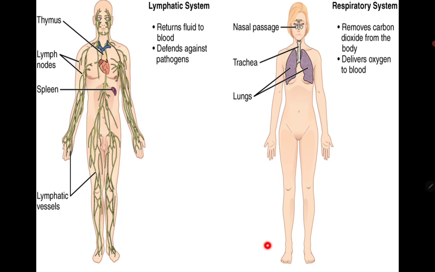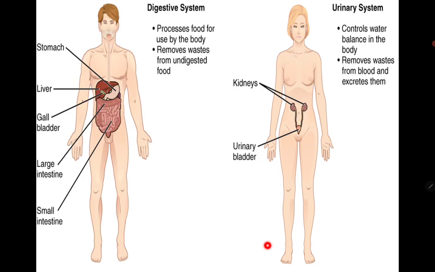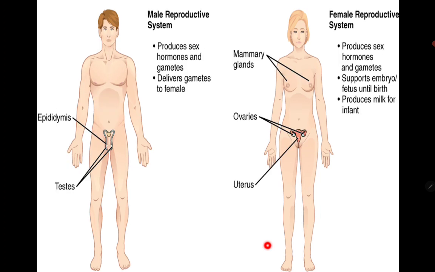Then we have the respiratory system. We also have the digestive system, the urinary system, and the male reproductive system and female reproductive system. So these are an overview of the different body systems of a human.